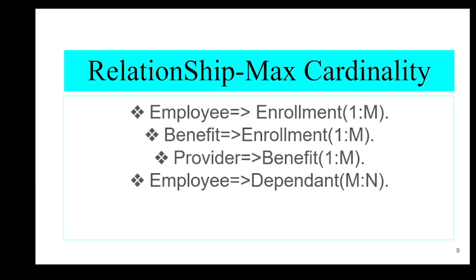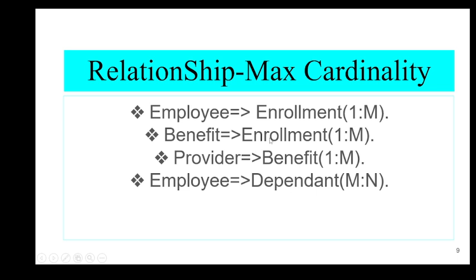In a relationship, we have two types: maximum cardinality and minimum cardinality. Minimum cardinality we refer to as participation. Under maximum cardinality, we have the employee entity and enrollment entity. We have a one-to-many. This means we can have one employee under multiple enrollments.